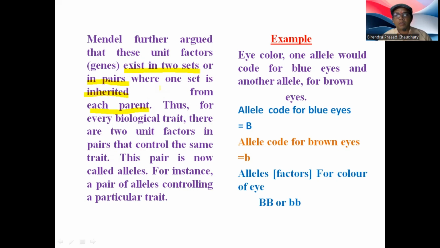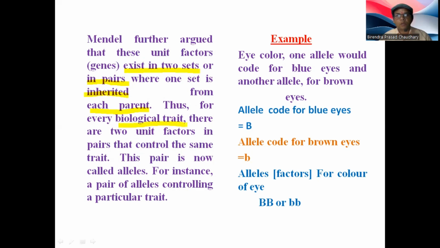One, they came from different parents, one from each parent. Like एउटा मेल पेरेन्ट भने अर्को फिमेल पेरेन्टबाट ती दुईवटा सेट अफ जिनहरू अथवा ती दुईटा सेट अफ फ्याक्टरहरू आएका हुन्छन्। Thus, for every biological trait, भनेको यहाँ trait भनेको के हो?